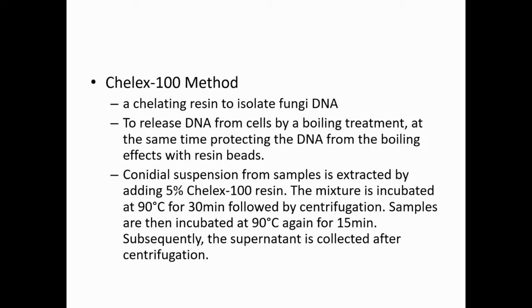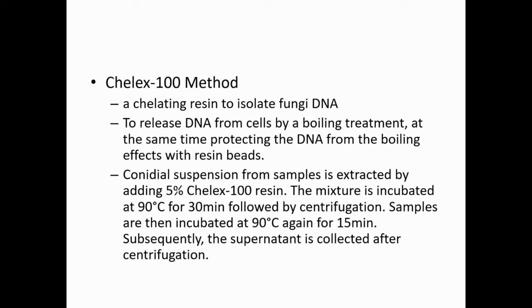Okay, so Chelex 100 is very important because it's a chelating resin that has been used very commonly to isolate DNA, because it has a high affinity for polyvalent metal ions, and can also be used to isolate fungal DNA quickly and efficiently. It can be used to release the DNA from cells by a boiling treatment, while at the same time protecting the DNA from the boiling effect with resin beads.